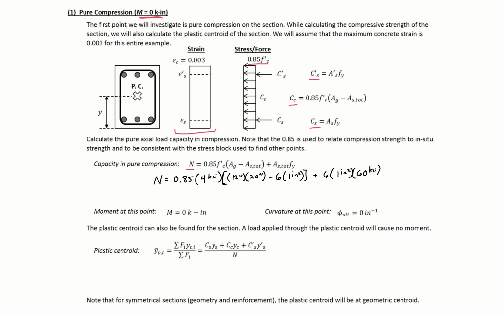We can find then that our N is going to be equal to 1,156 kips.